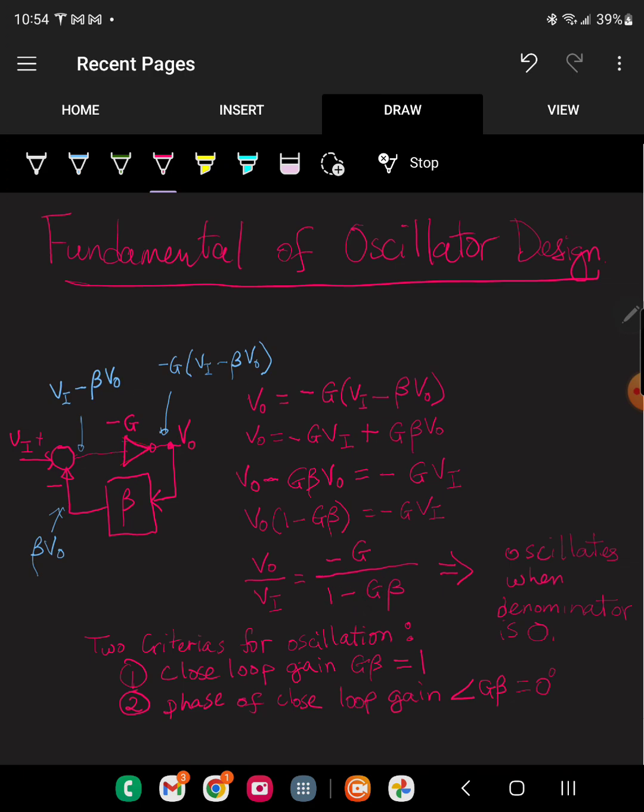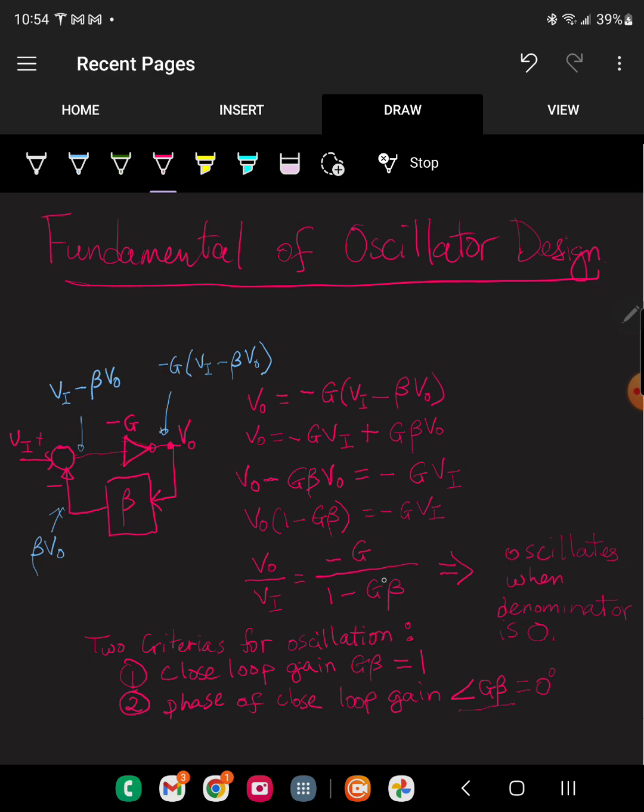So the two criteria for oscillation are: first, the closed loop gain, which is G times beta, has to be 1, so the closed loop gain has to be unity. And the second criterion is that the phase of the closed loop gain has to be 0 degrees.